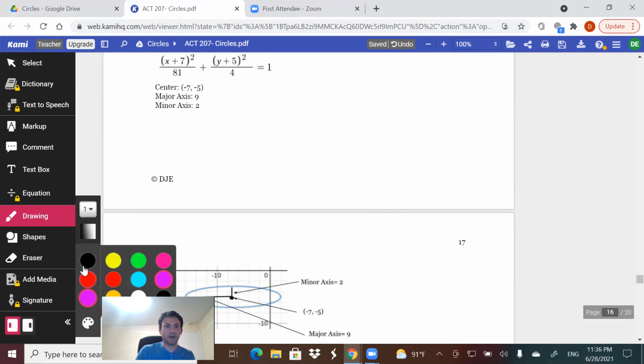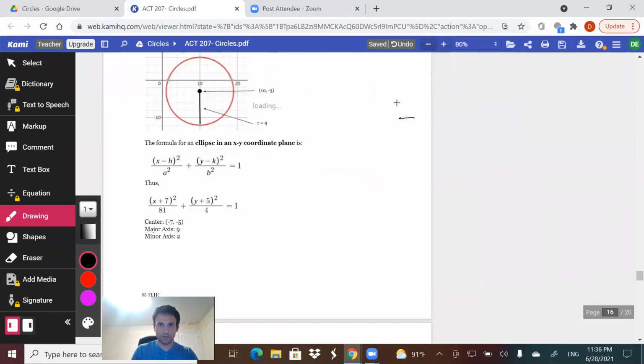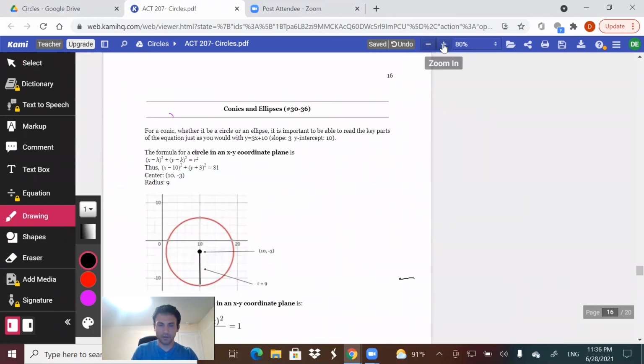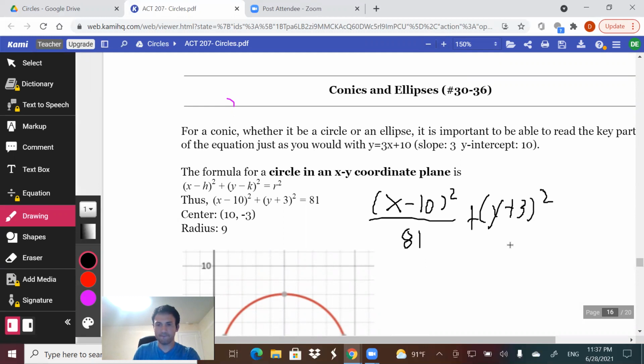And if you think about it, it's kind of cool because, like, if I were to give you the equation of the circle earlier, we could even put it in ellipse form. So, like, if we were to divide everything by 81, I would have x minus 10 squared over 81 plus y plus 3 squared over 81 equals 1.